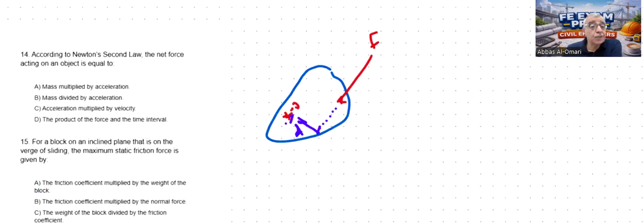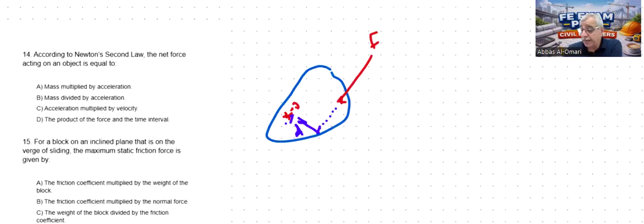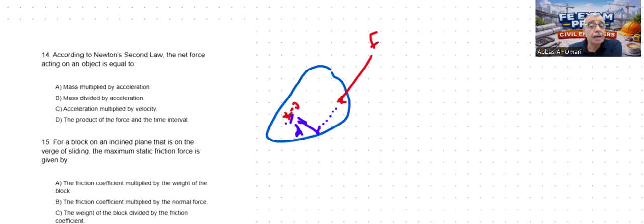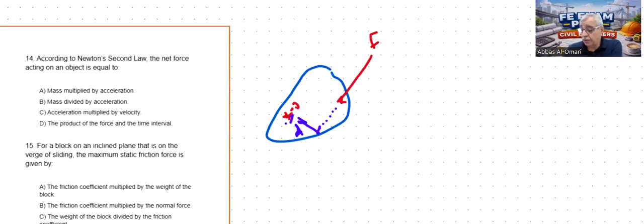According to Newton's second law, the net force acting on an object is equal to. Now we know Newton's second law states that force equals mass times acceleration. So Newton's second law is a very well known law.